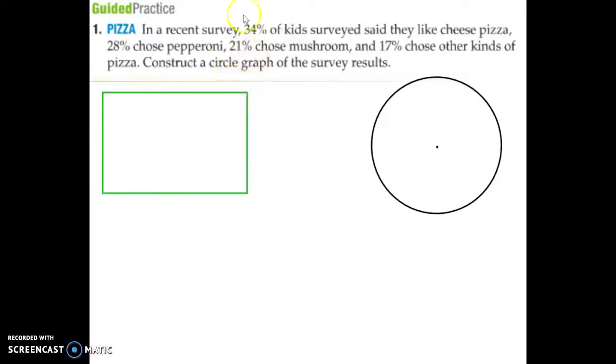In a recent survey, 34% of kids said they like cheese pizza. So on the side here, I'll say cheese is 34%. 28% is pepperoni. I'll abbreviate. Pepperoni is 28.